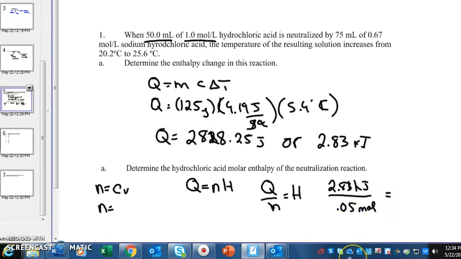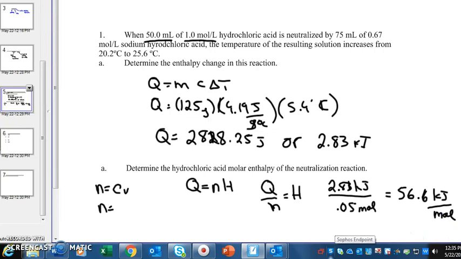And running through this calculation, 2.83 divided by 0.05 moles means that the molar enthalpy is 56.6 kilojoules per mole of hydrochloric acid.